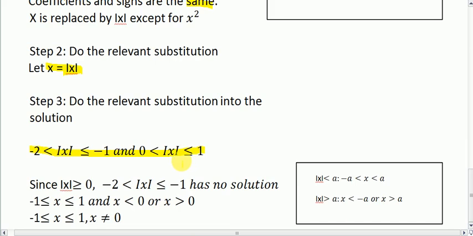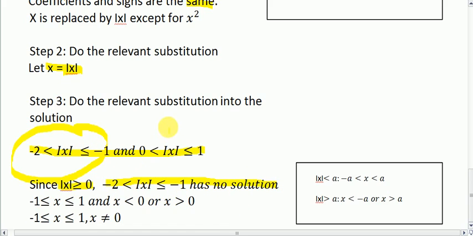However, when solving, do take note of the criteria for mod x. Mod x should always be greater than or equals to 0. And this domain right here, mod x greater than negative 2 but smaller than or equals to negative 1, means that mod x is lesser than 0. As a result, this has no solution.